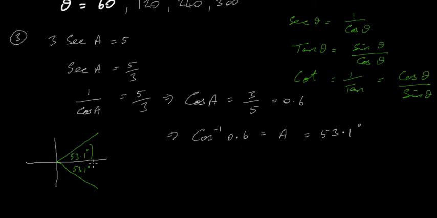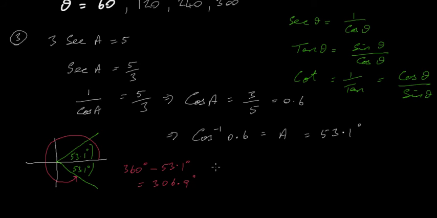So what is that from 0? In other words, what's this angle here from here all the way around to here? Well, that's just simply going to be 360 degrees minus 53.1 degrees, and that will give me 306.9 degrees.